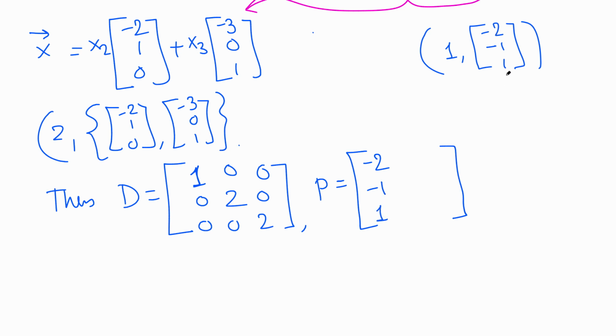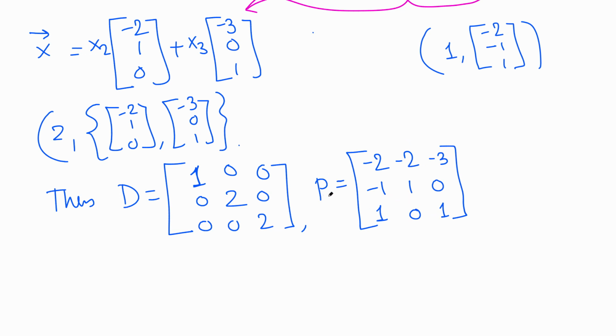Or we could multiply this by any non-zero number. For 2, 2, there are 2 of them, so it doesn't matter which one you write first. So negative 2, 1, 0, negative 3, 0, 1. By the way, these 3 eigenvectors are linearly independent. So these columns are linearly independent.